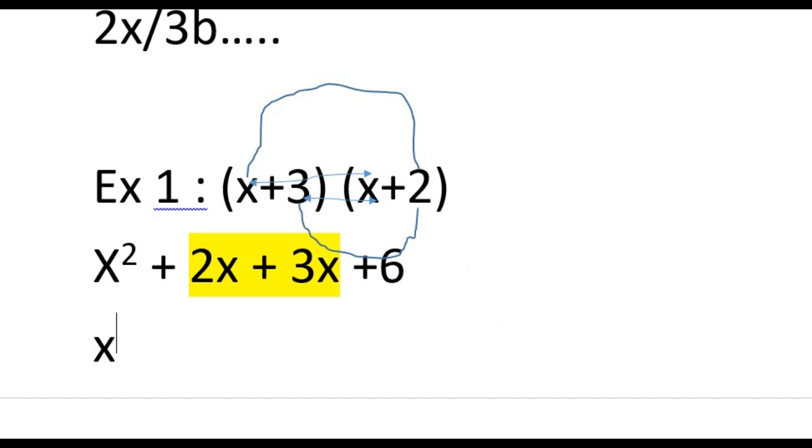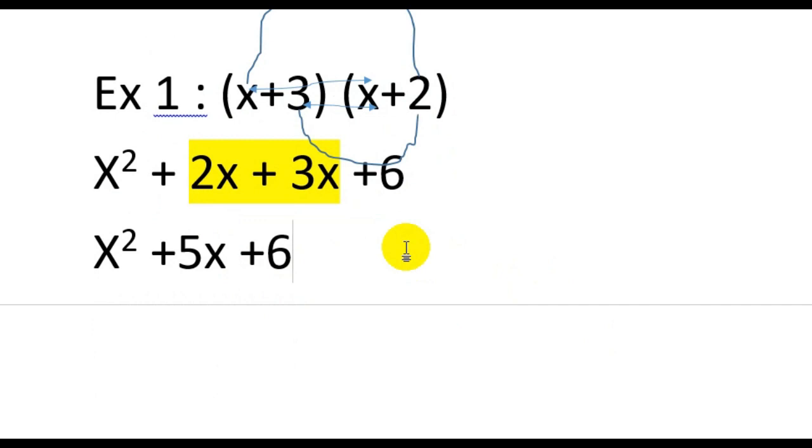So we write x square, 2x plus 3x is equal to 5x, and the last term is 6. So the answer would be x square plus 5x plus 6. This is the expansion of this binomial expression, or in other words, we multiplied the algebraic expression x plus 3 with the algebraic expression x plus 2.